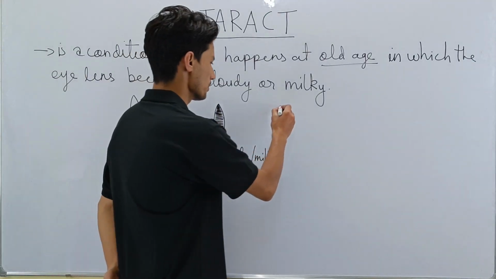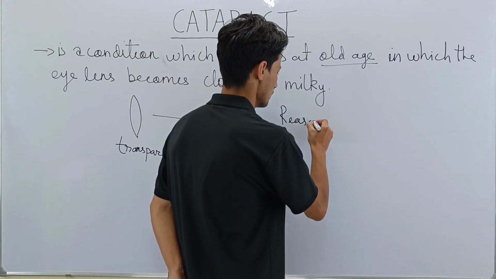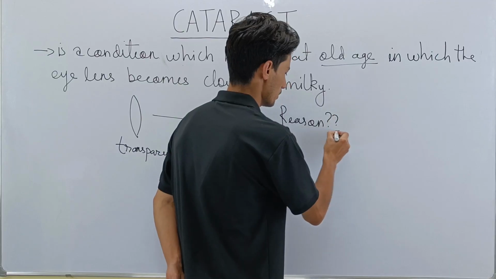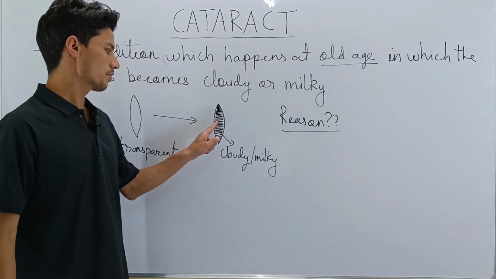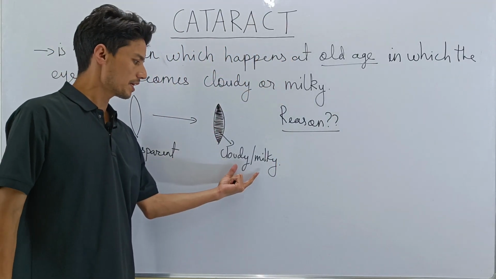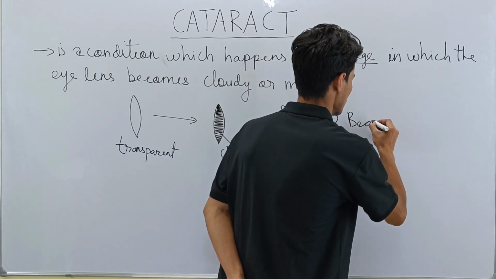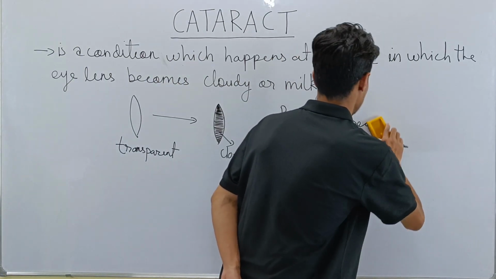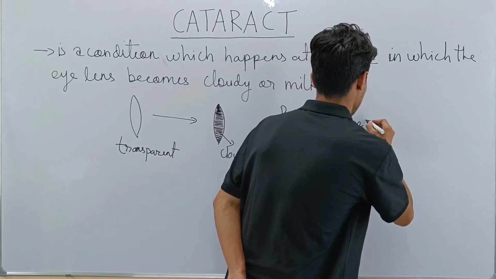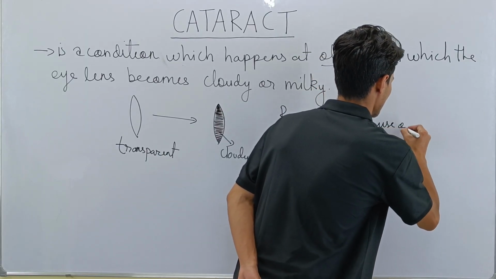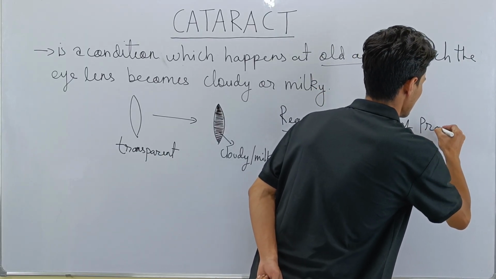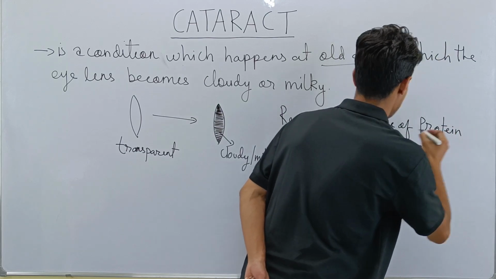Reason? What would be the reason? There should be a reason, isn't it? The reason why the lens is becoming cloudy or milky is because of protein accumulation.